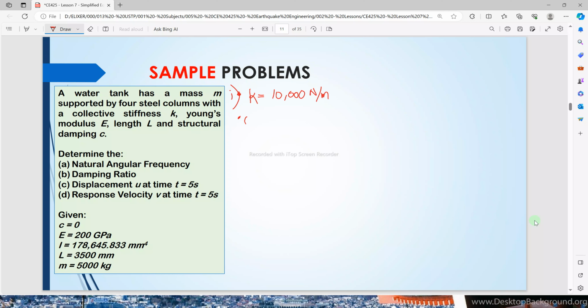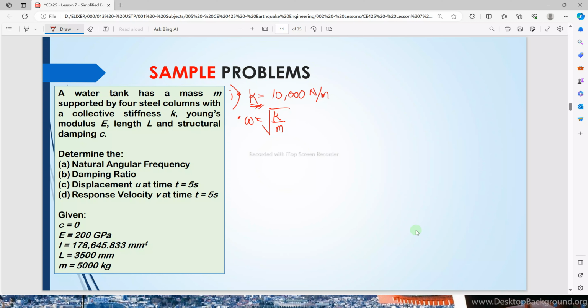Next, we can get our omega, which is equal to the square root of K over M. So this is our collective stiffness, K, 10,000 Newton per meter. First, take note whether it is collective stiffness or individual stiffness.